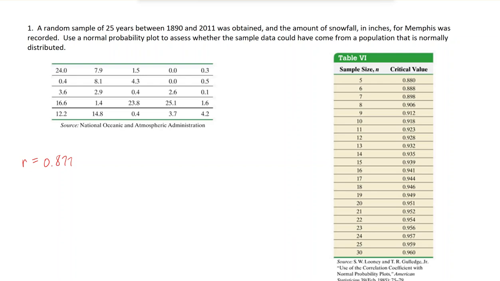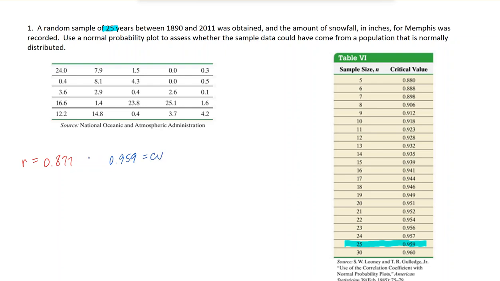Remember, to use this table, we need to determine our sample size, which was 25. So if my sample size is 25, I find 25 on the table, and I follow it over to the critical value associated with that sample size, which is 0.959, which is our critical value.